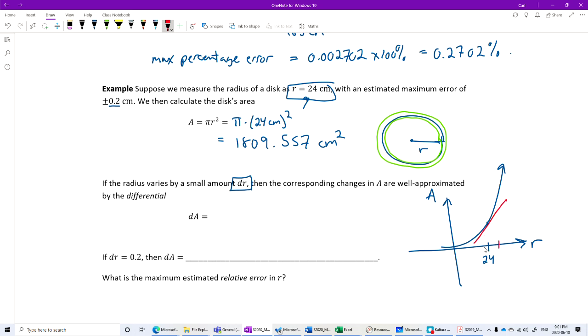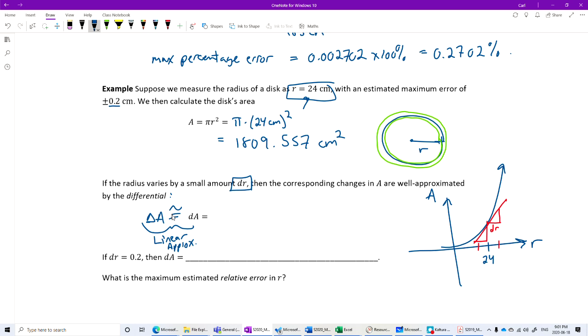So I go this way or this way by an amount, this is the amount dr. If I change the radius by an amount dr, how much does the area change? The corresponding changes in A are well approximated by the differential, which is saying that delta A is approximately the same as dA. Remember, I said that's exactly the idea of linear approximation.